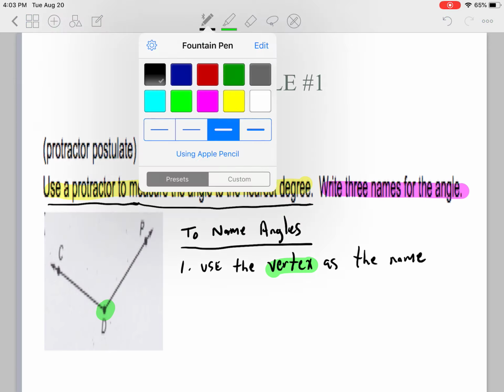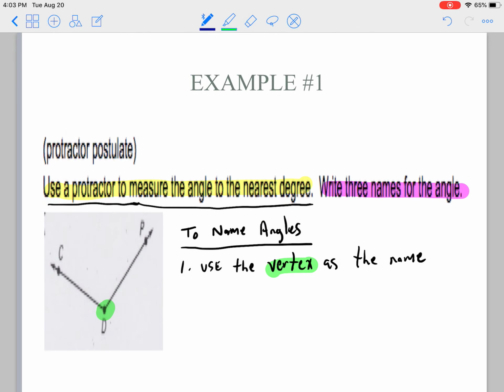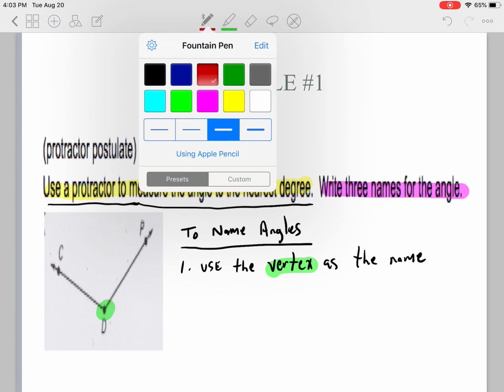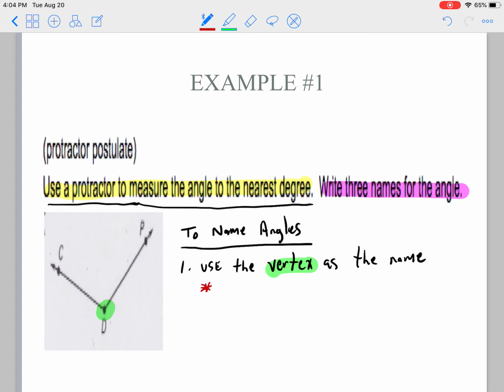This is only possible, big red caveat here, if there are no adjacent angles. If you have adjacent angles, for example, if I had another angle that came out here, and this was point D, I can't use the vertex.